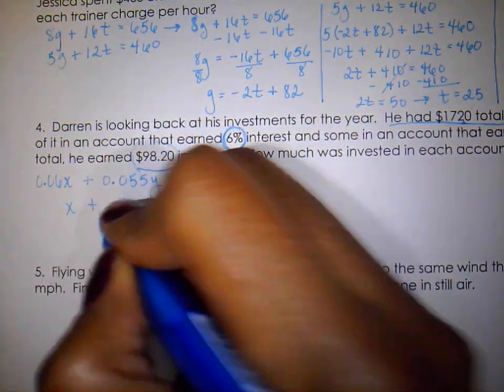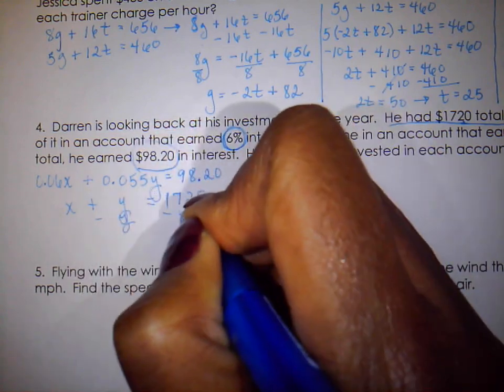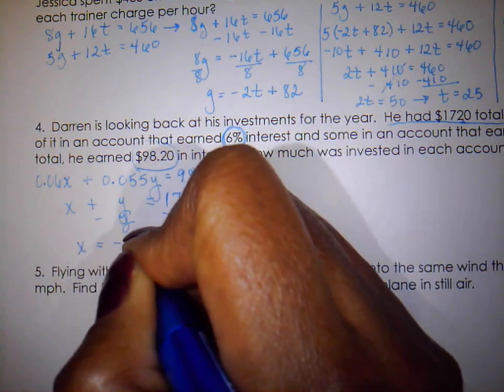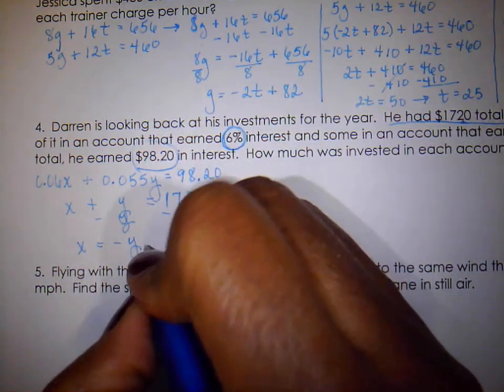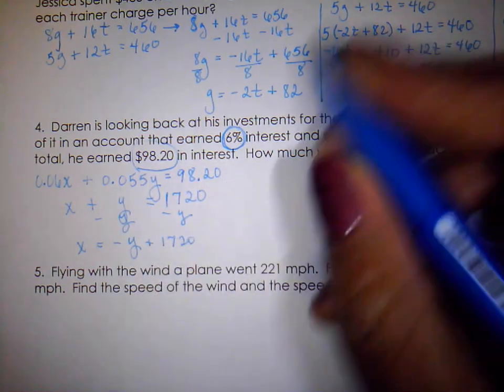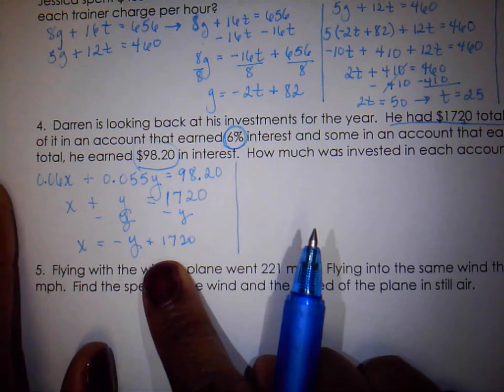I'm going to solve the second equation for x. So I will subtract y from both sides. And I get that x is equal to negative y plus 1,720. Everywhere I see an x, I'm going to replace it with that value in my first equation.